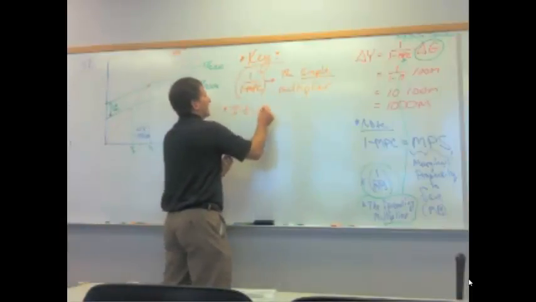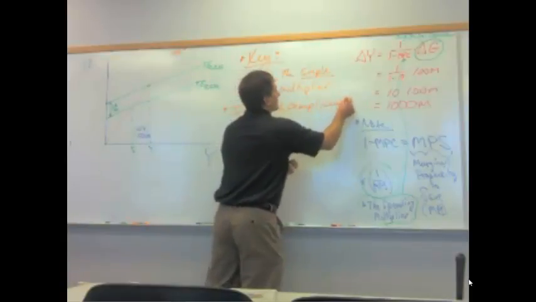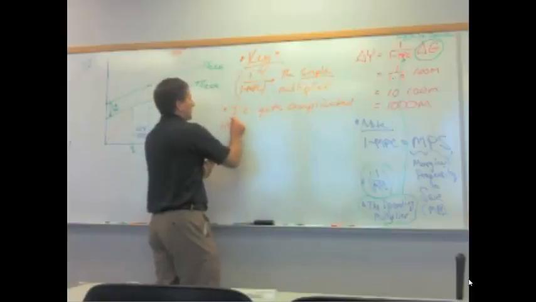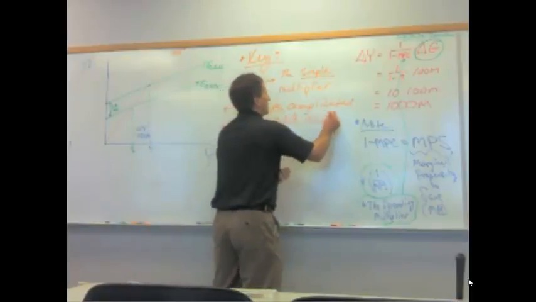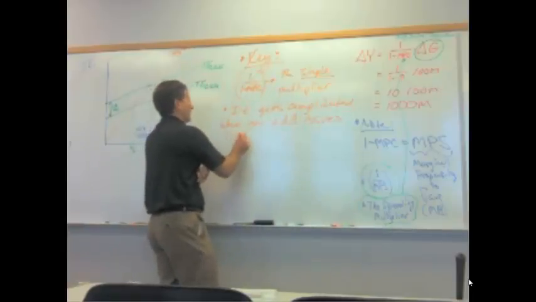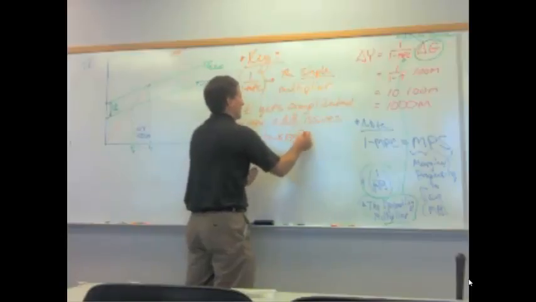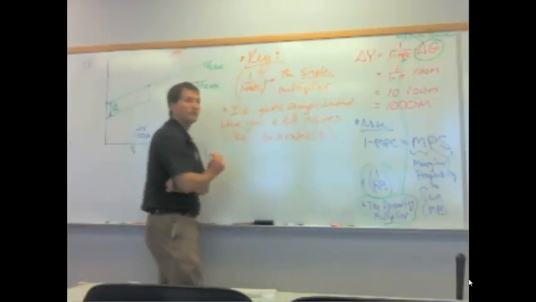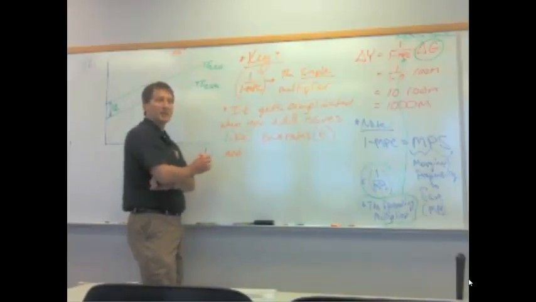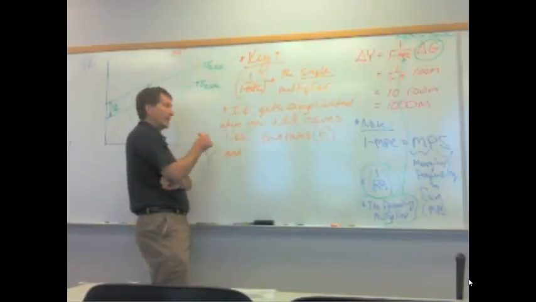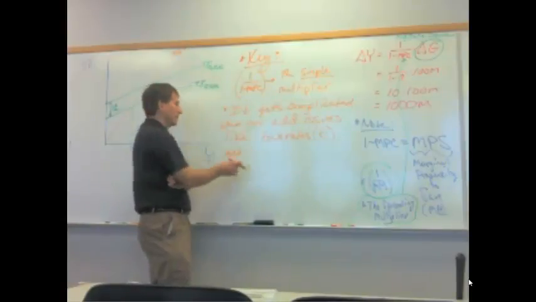It gets complicated when you add issues like tax rates, little t, and your ability to buy from China instead of the United States acts as a leakage out of our little system.